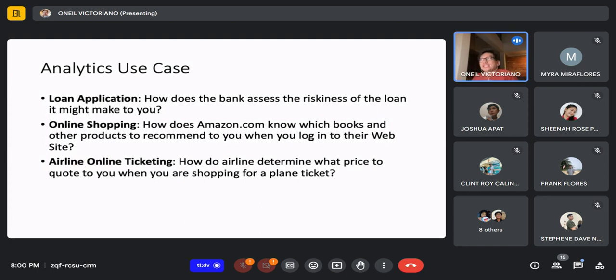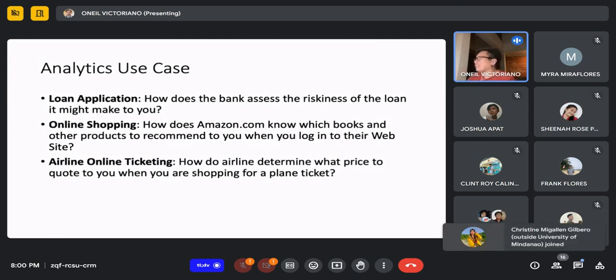So, what are use cases for analytics? No? Examples: loan applications, online shopping, and the airline. Questions like, how does the bank assess the riskiness of a loan it might make to you? So gaano ba yung risk kung ikaw mag-loan, or isang client mag-loan.